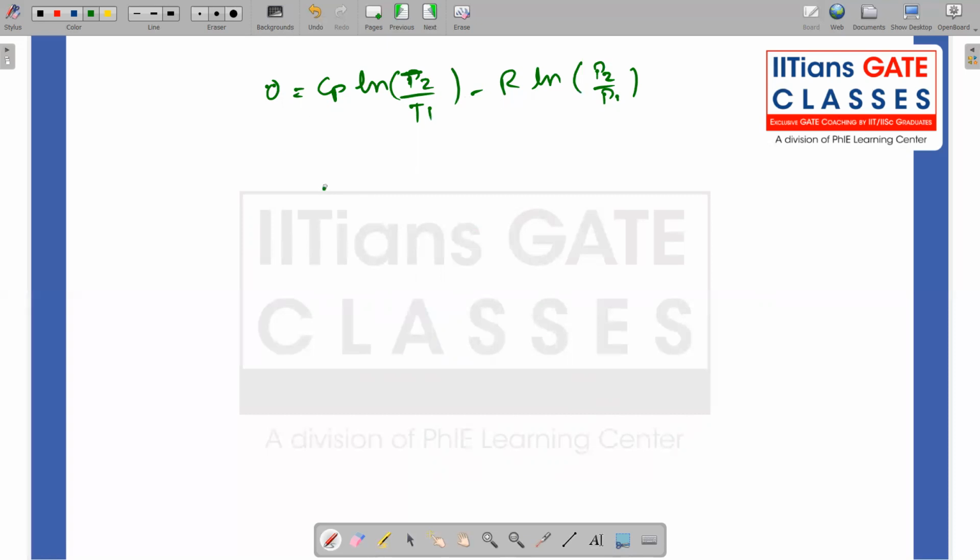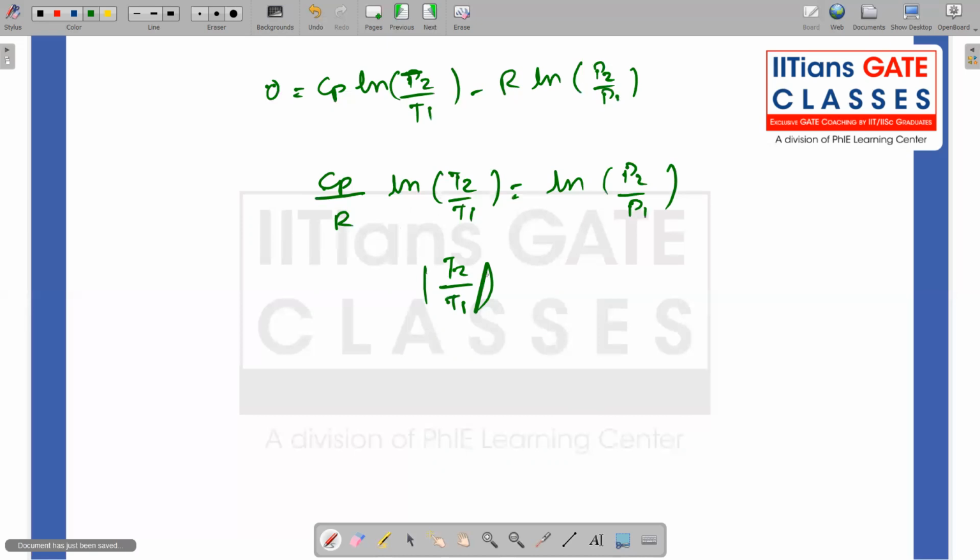That becomes Cp divided by R times ln of T2 by T1, which is also equal to ln of P2 by P1. Right? If I again use the same logarithmic rules and equate the terms within the logarithm, that becomes T2 by T1 to the power of Cp by R equal to P2 by P1.